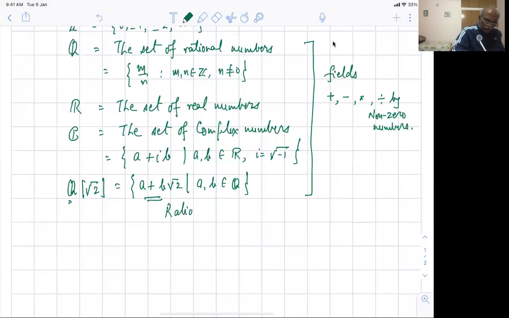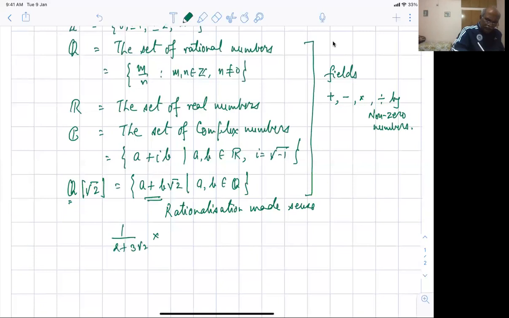Rationalization. Made sense. So what we are saying is that if I look at 1 upon 2 plus 3 root 2, then I could multiply it by 2 minus 3 root 2.